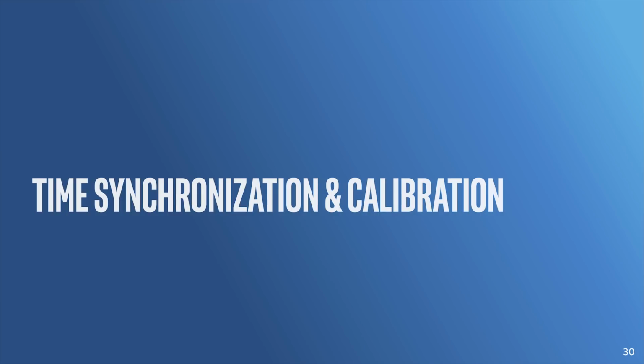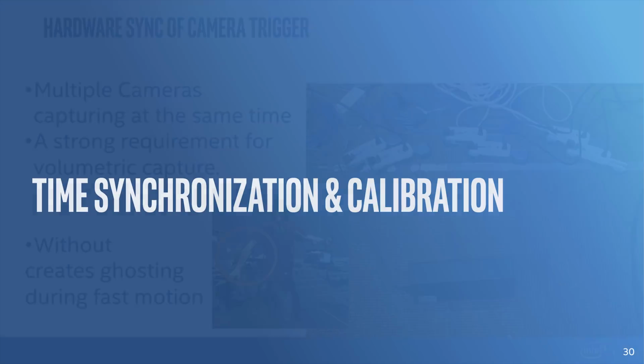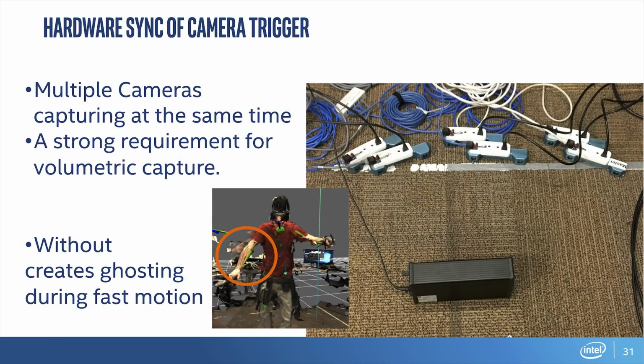So we want to time sync these cameras and calibrate them all into a single coordinate space. So hardware synchronization is really the way to go for this. You can do software synchronization for triangulation, and we use that actually for our annotation for a large portion of our data.